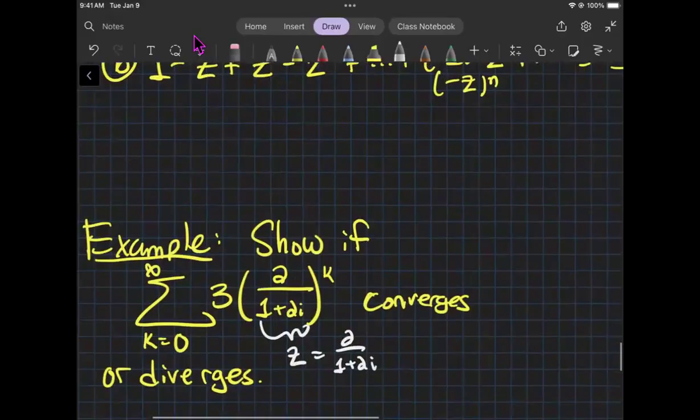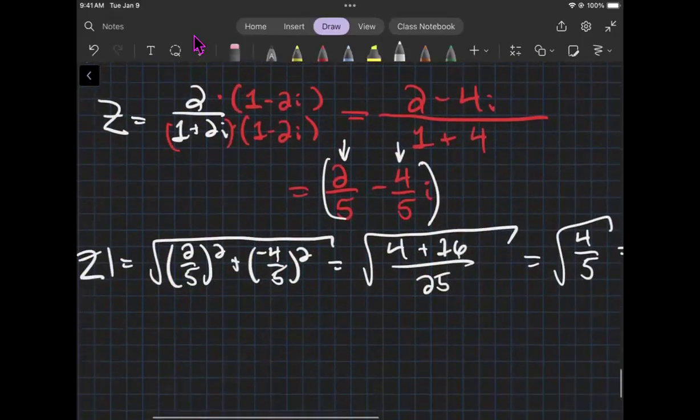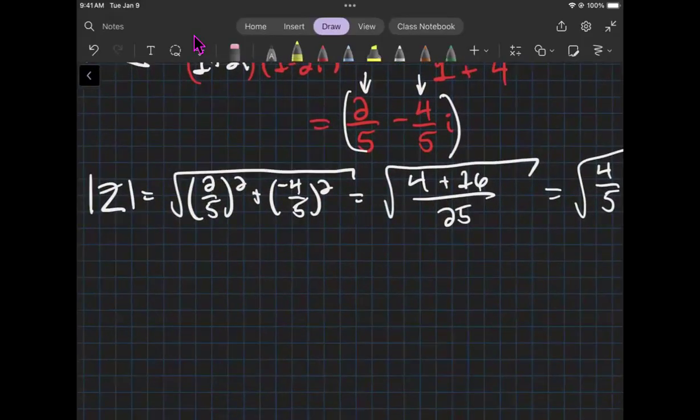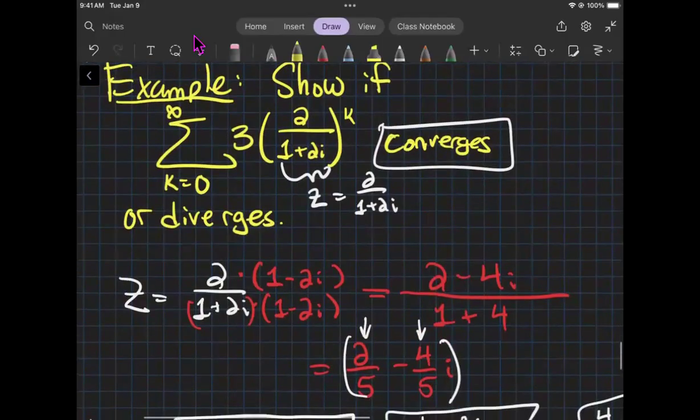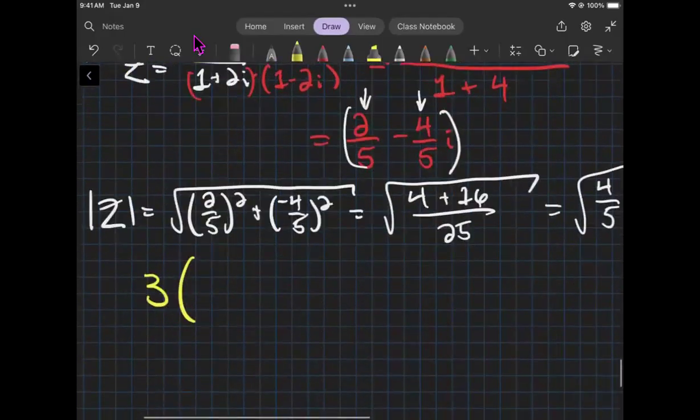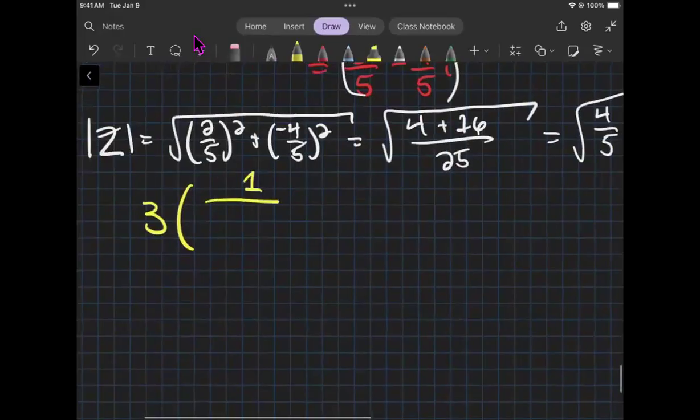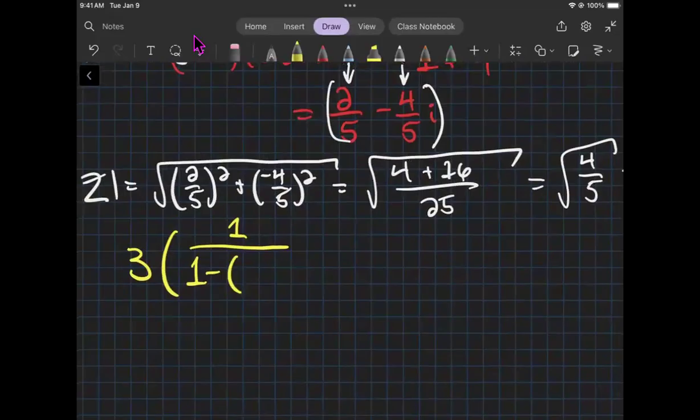So we know that this series converges, and since it's a geometric series, it will converge to 3 times the first term, 1, over 1 minus the common ratio. In this case, the common ratio is 2/5 minus 4/5 i.